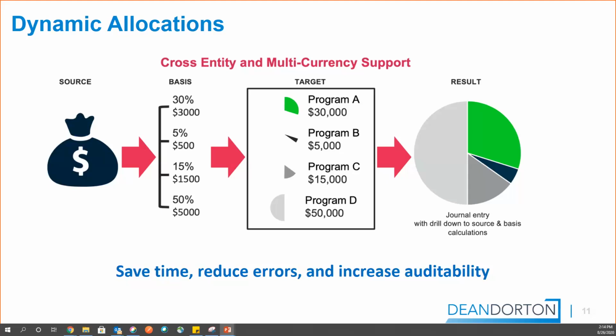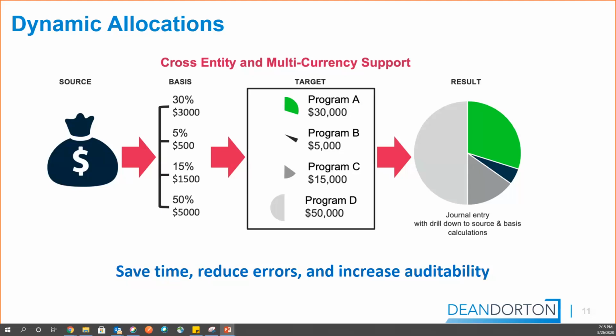What if you have an entity, for example, that bears the majority of your group's overhead costs, kind of like a headquarters, and you need to allocate those costs out to other entities in your group? You can use dynamic allocations. What if you have revenue that comes into one entity, and then pieces of that revenue need to be assigned out to other entities based on each entity's proportionate share of labor costs? That's a common example.